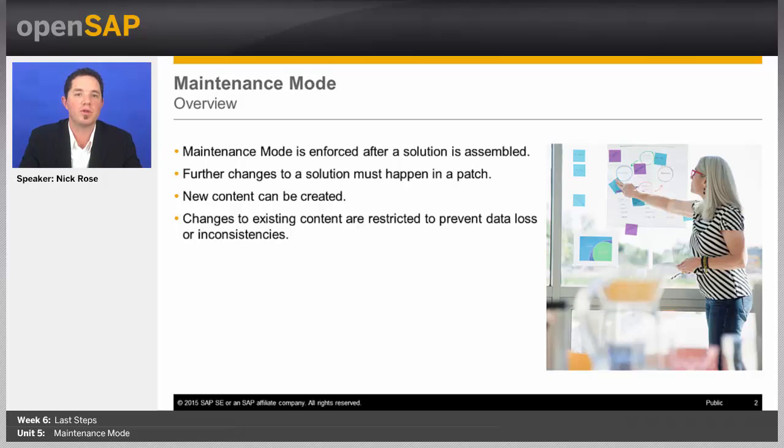I can't open those up anywhere else, but I can at least open that zip file and look at the text files for those business objects and see what they are. And I can always create new content. And as I do this, I just make my changes, and I can make sure that I keep my solution consistent, that I don't have any kind of data loss when I deploy, and we can continue to provide great solutions for the needs of us or our customers.